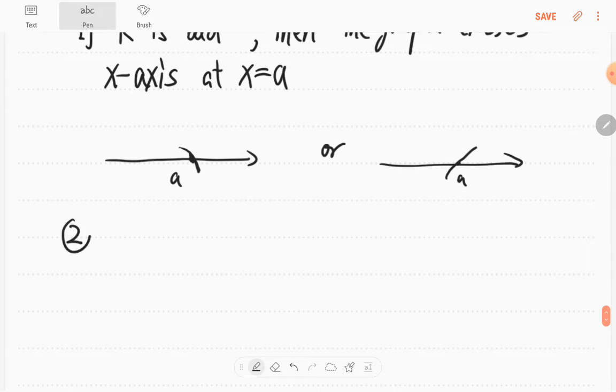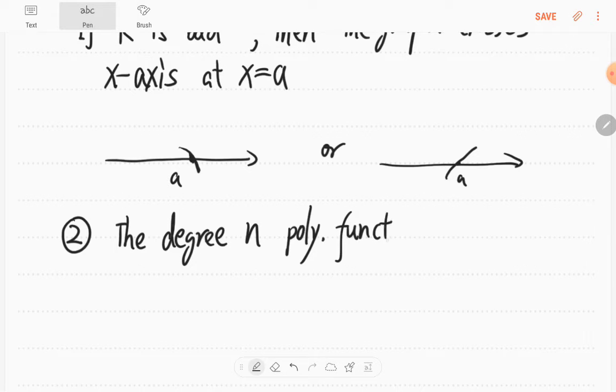Two, a degree n polynomial function f has at most n real zeros.